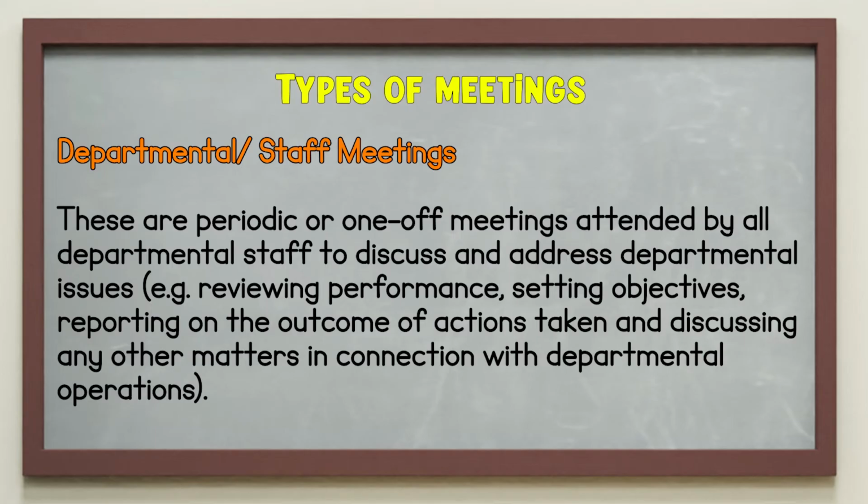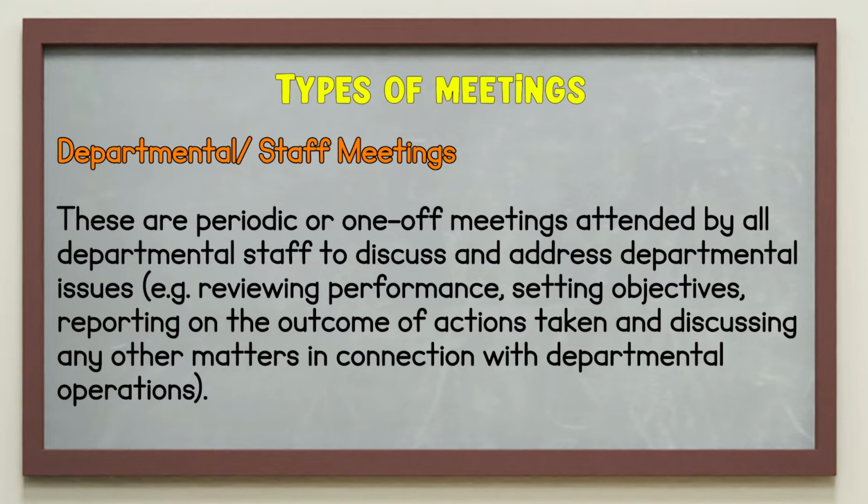Students, we will now turn our attention to the types of meetings. Meetings can be of various types based on formality, purpose, use, legality, participation, and more. Types of meeting. The departmental or staff meetings. These are periodic or one-off meetings attended by all departmental staff to discuss and address departmental issues.